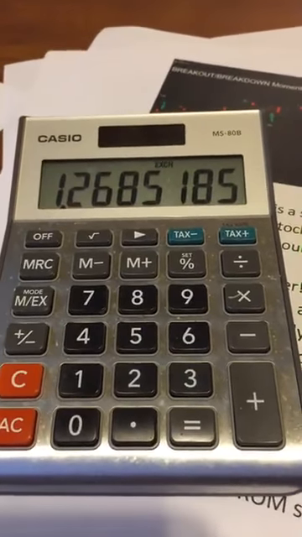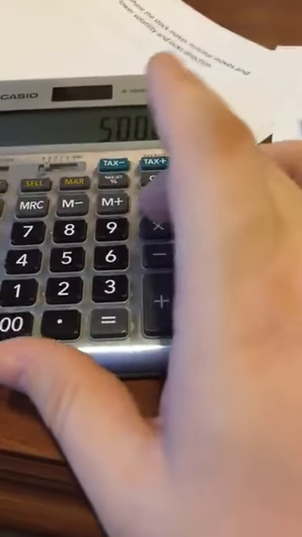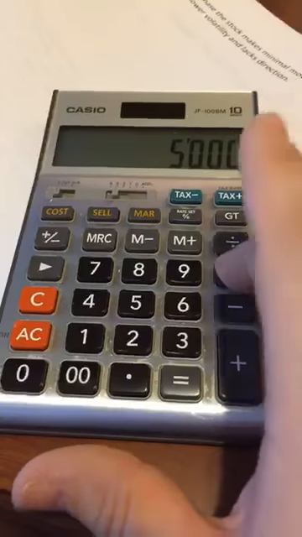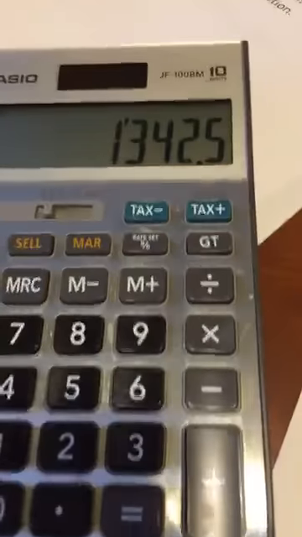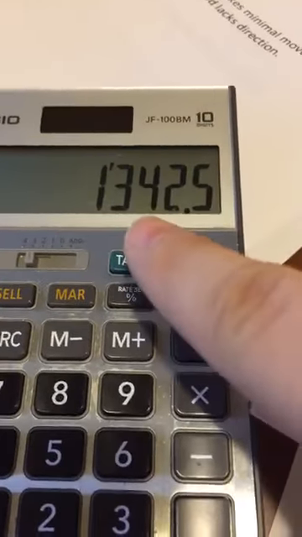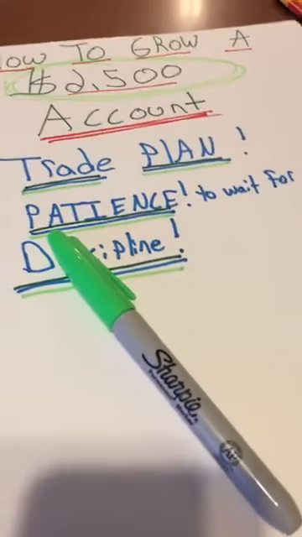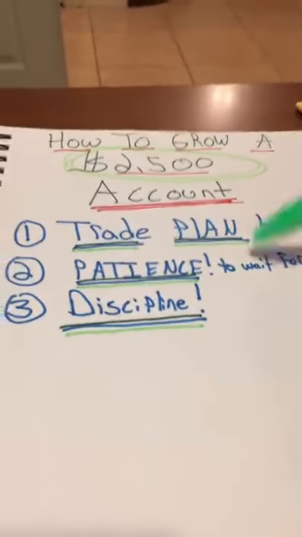So he just made 26.85%. Now think if you just had a $5,000 account and made 26.8%. So $5,000, multiply that by 0.2685. A $5,000 trade, you're making $1,342 profit.